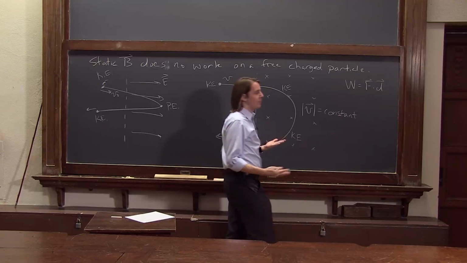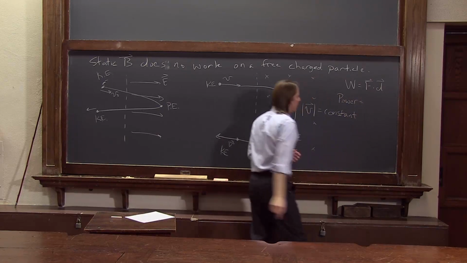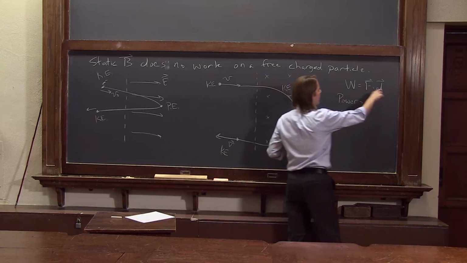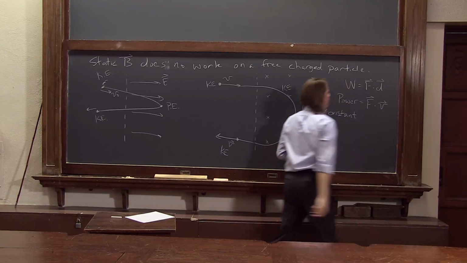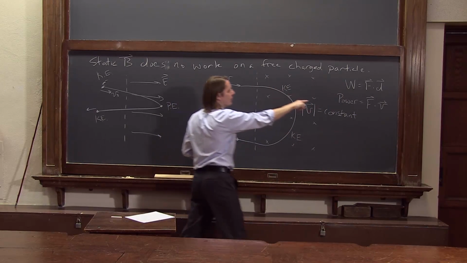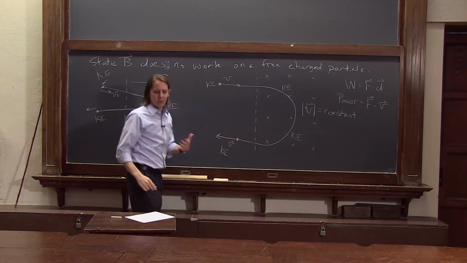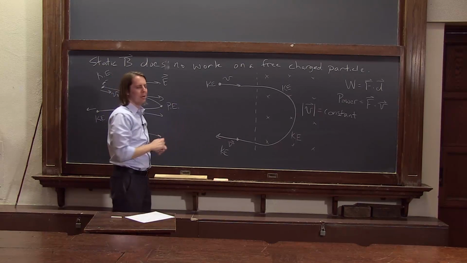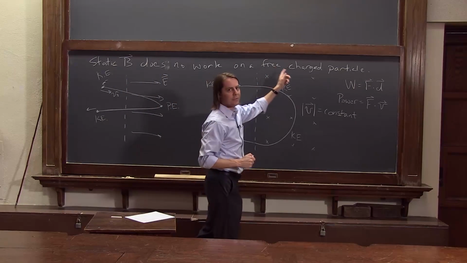If you want to take the time derivative and see that a little bit differently, you could say that the power that the magnetic field is doing to the particle is F dot v, if you just want to see it in terms of the actual velocity. And we know that the force is always perpendicular to the velocity. So again, the power is zero. It can't do any work. So mathematically, and even in this thought experiment, the static magnetic field does not do any work on a free charged particle.